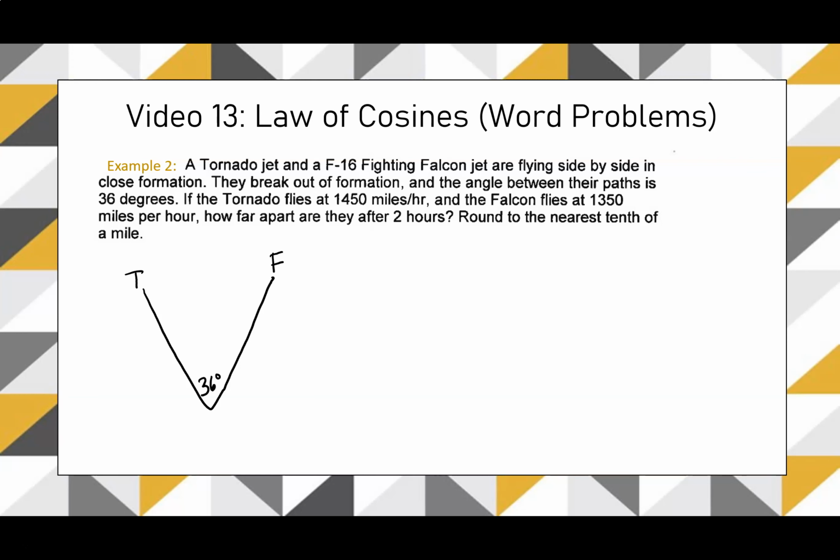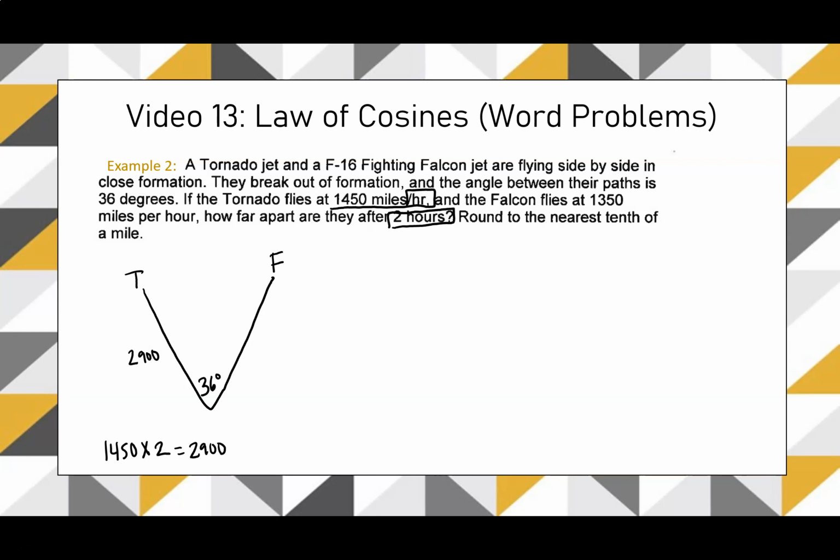So if they're going for 2 hours and the tornado flies at 1450 miles per hour, that means you've got 1450 twice because you're doing 1450 per hour and you've got 2 hours. So I'm simply going to do 1450 times 2, and that's going to give me 2,900 miles. So this is a 2,900 right here.